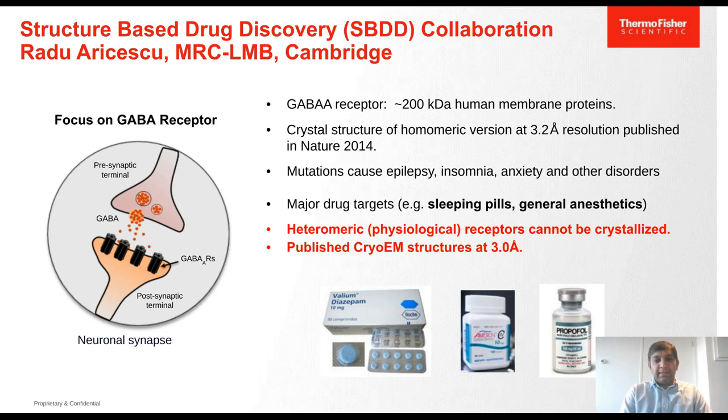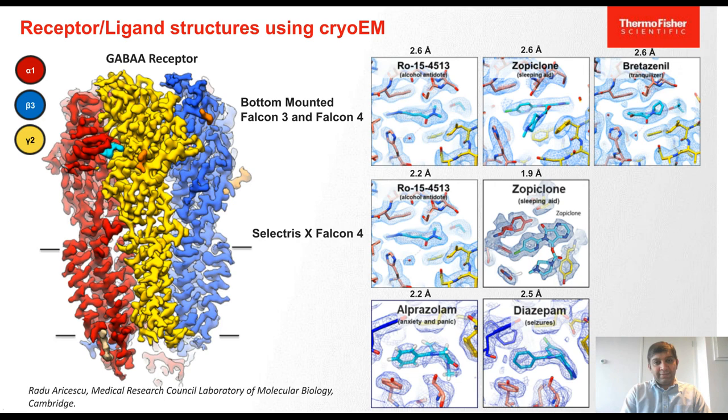So we looked at this sample, and again, we can see these wonderful results on a bottom-mounted Falcon 3 or Falcon 4. For these 3 different drugs here, we can obtain 2.6 angstrom structures, where you can clearly see how this drug is bound. And in the case of 2 of these drugs, we managed to put them onto the Selectris Falcon 4 system.